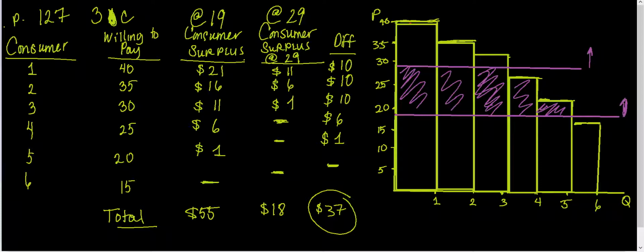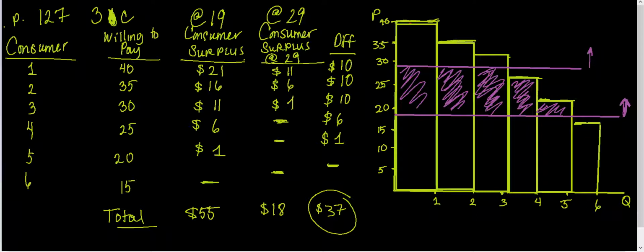So for the first one, this is the difference between 19 and 29, and it's a width of 1. So we have that this area is 10, okay, because this is 1 and this is 10. Same here, same here. Here I have up to 25, and this is 19, so this is 6.